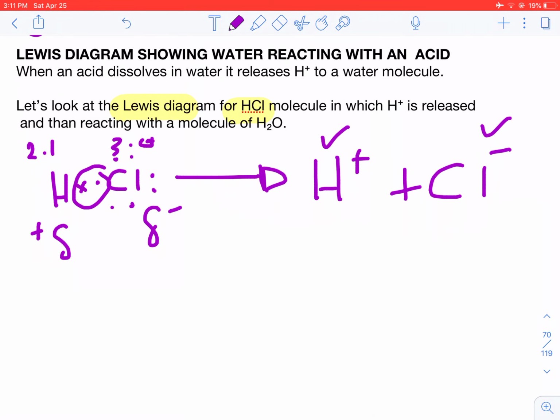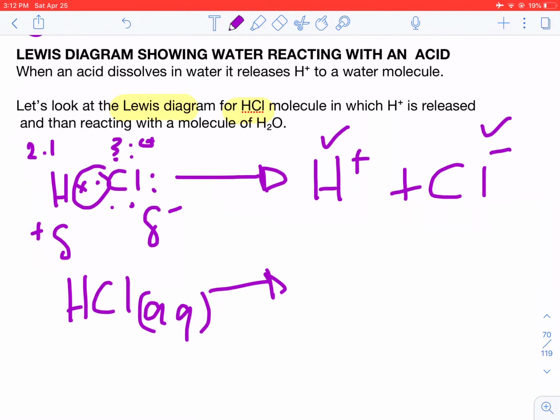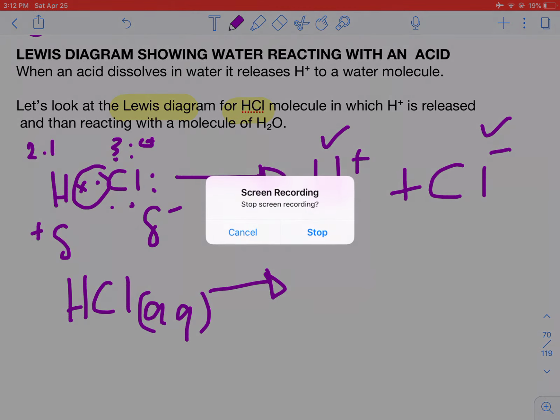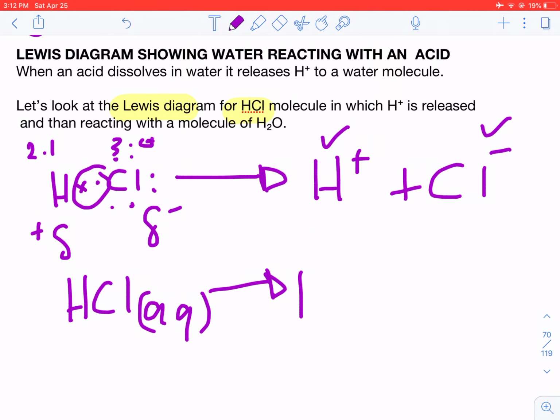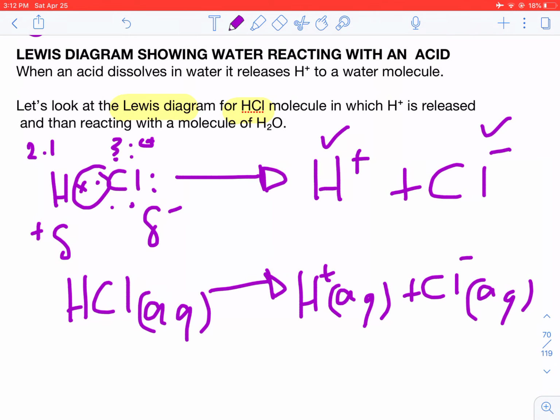So if we look at this, that's what's happening at the molecular level. If I want to represent this, I say when HCl is dissolved in water, it becomes H plus aqueous plus Cl minus aqueous, saying that these ions are in solution.